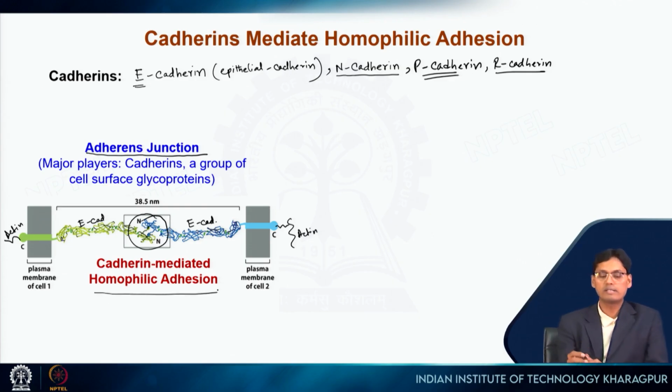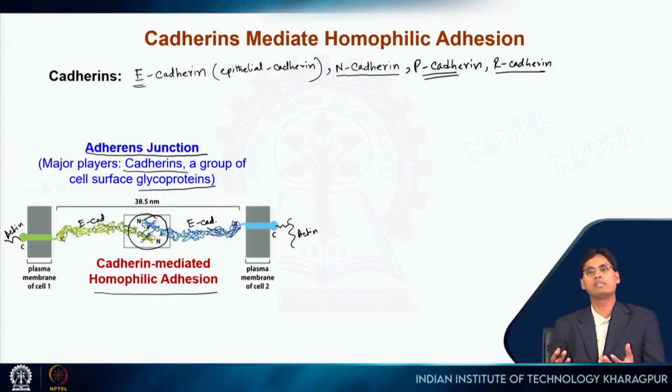I already mentioned that cadherins are a major group of cell surface proteins, and particularly they are glycoproteins, meaning some carbohydrates are also attached to this protein. That's why they are called glycoproteins. During translation we get the polymer of amino acids, but after some post-translational modification, some carbohydrate groups are also attached to this protein for their special function and also for their stability.